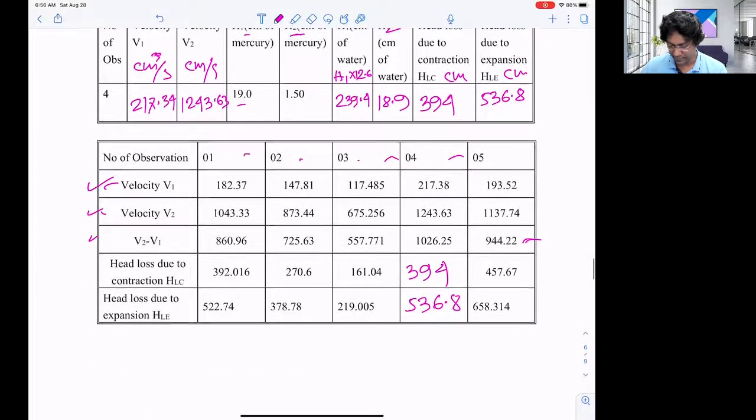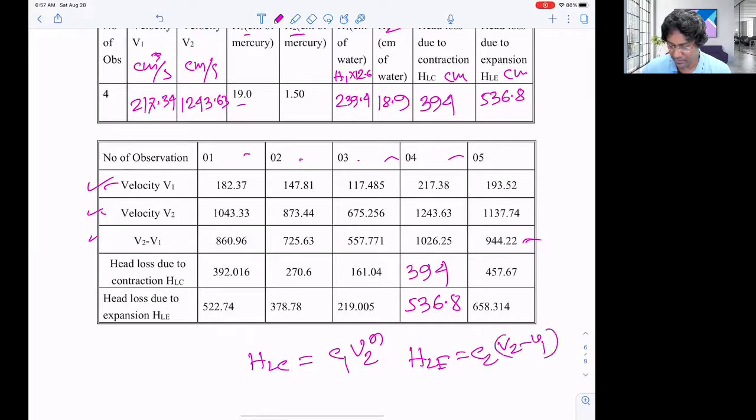And if we plot to calibrate that equation, HLC is equal to C1 and then V2 to the power n. So we have to plot HLC, head loss due to sudden contraction, against V2, right? And the other one will be HLE is equal to C2 and V2 minus V1 to the power m.